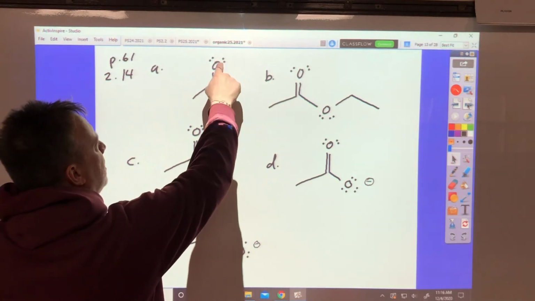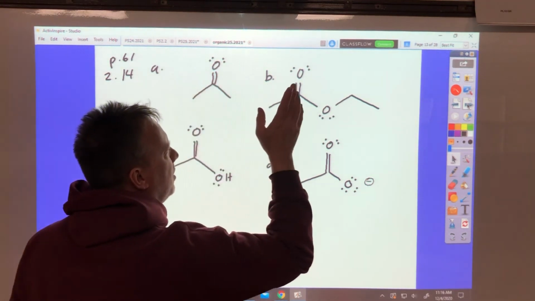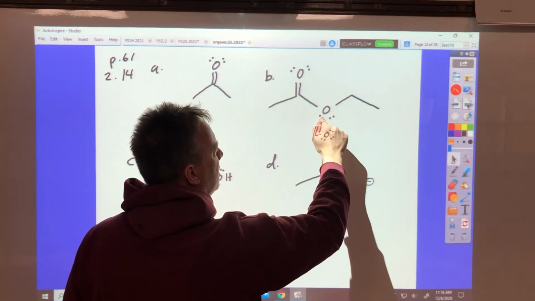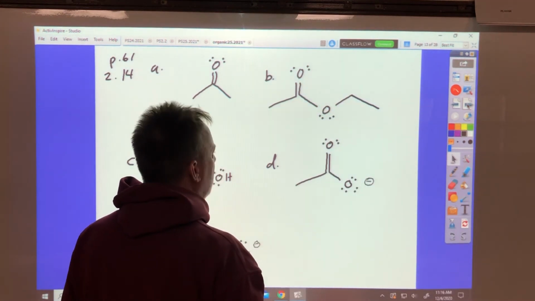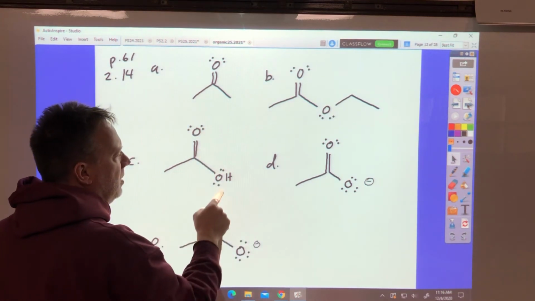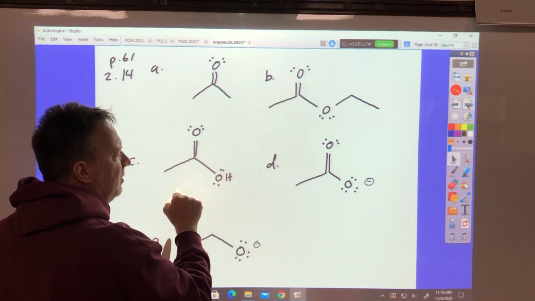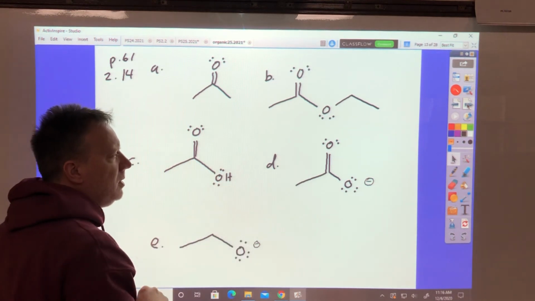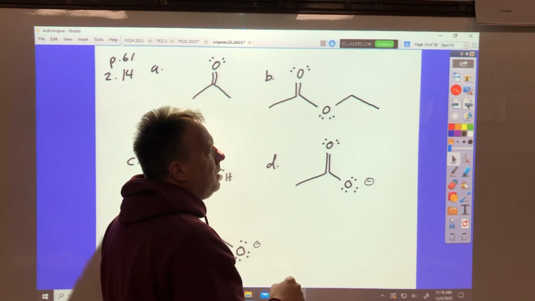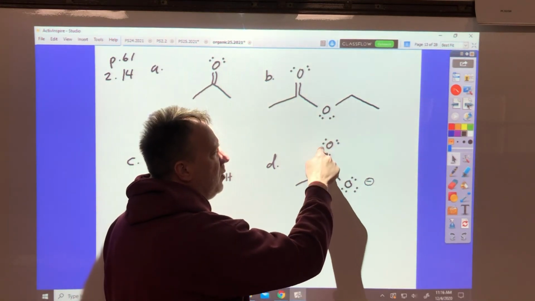Here you got 1, 2, 3, 4, 5, 6. So no formal charge. 1, 2, 3, 4, 5, 6. No formal charge. 1, 2, 3, 4, 5, 6. No formal charge. Here, 1, 2, 3, 4, 5, 6. Count the hydrogen bond, or the bond to hydrogen, I should say. Here we've got 1, 2, 3, 4, 5, 6.